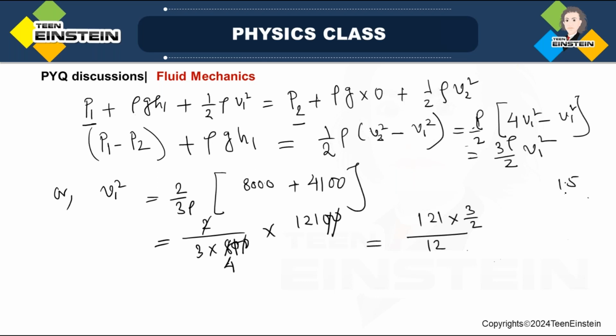Let me write it here into 800. This is coming 12 only. So I have to make it into 6. There could be a small mistake again somewhere.